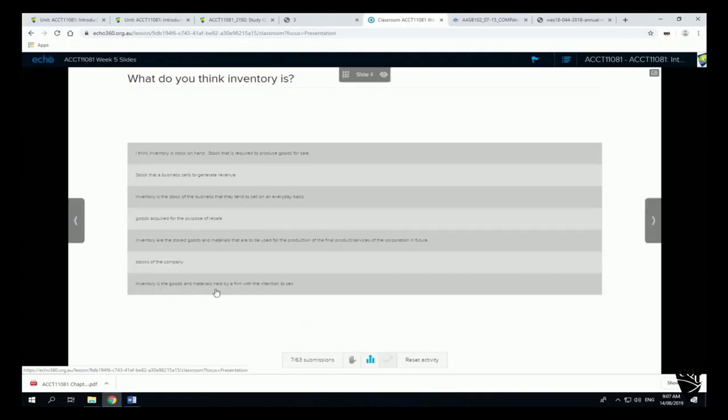Inventory is the goods and materials held by a firm with the intention to sell, because other assets may be sold from time to time, but they don't constitute inventory. Okay, so they're not on an everyday cycle, not part of our intentions to sell our assets. But inventory, we do usually buy with the intention to resell it, hopefully at a higher price, which generates then our profit. Well done, thanks for that.